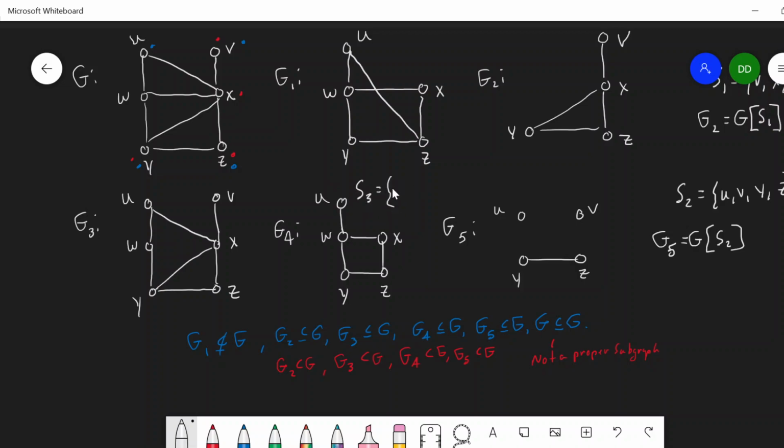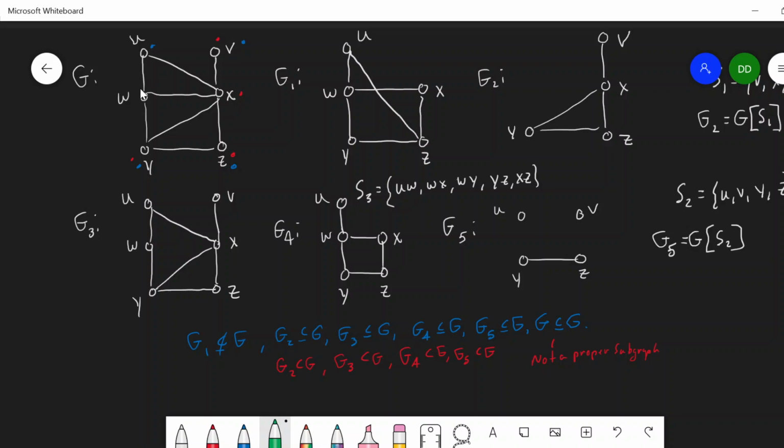And I'll pick out the edges UW, WX, WY, YZ, and XZ, which are the 5 edges of G4. So what this is saying is I can obtain G4 by selecting these edges in G and including the vertices that are incident with those edges. So maybe let me use green for this.